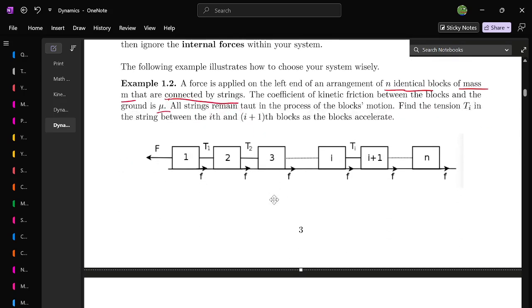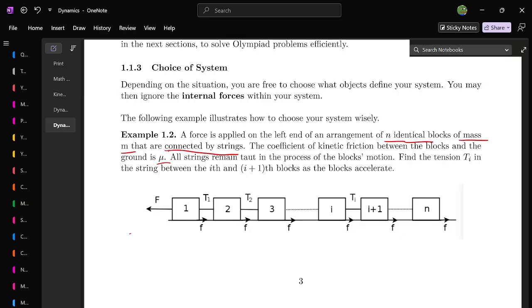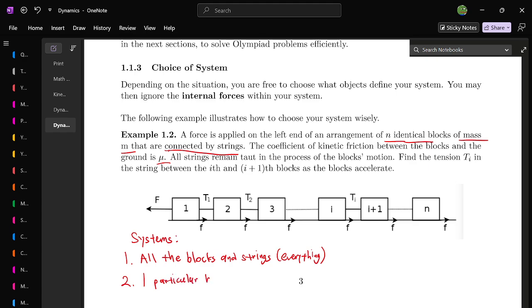There are a few systems you can go with. For example, you can say, I want to choose all the blocks and strings, basically everything, as my system. But another person can say, I want to choose one particular block, let's say the ith block. That's my system.